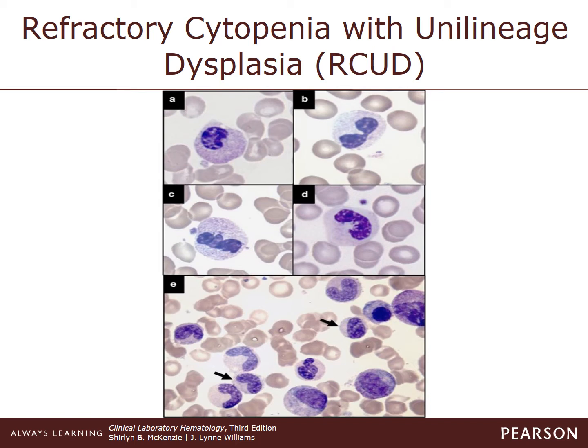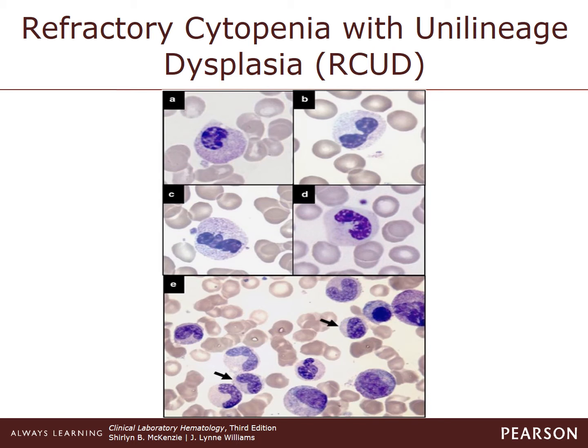You're going to see increased infections from neutropenia and easy bruising or bleeding if there's a thrombocytopenia present. So this category includes MDS cases with less than 1% blasts in the peripheral blood and less than 5% blasts in the bone marrow. Dysplasia must be present in more than 10% of only one single myeloid lineage.